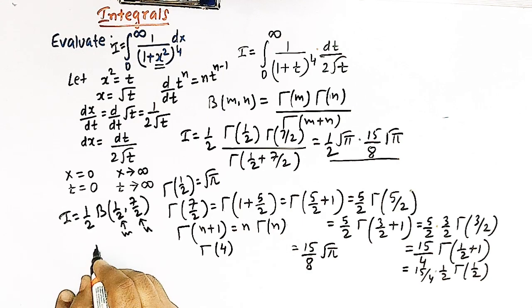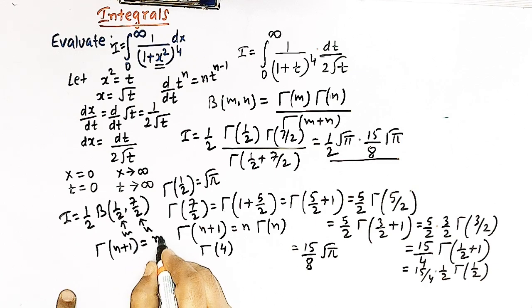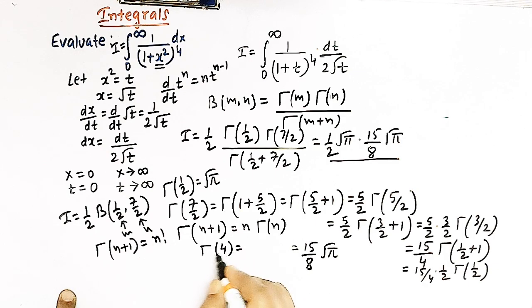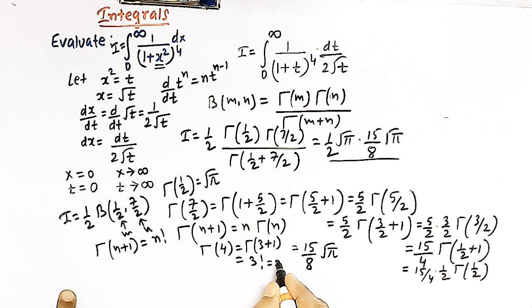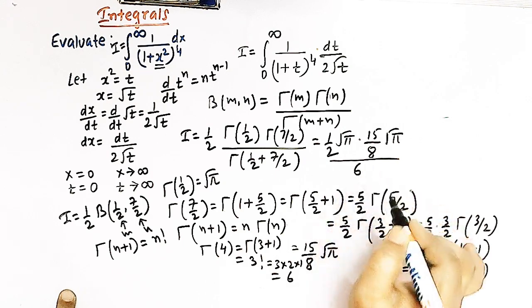And again using this result, gamma n plus 1 is given by n factorial. So here gamma 4 is gamma 3 plus 1, that is 3 factorial. The value of n is 3. So 3 factorial is 3 times 2 times 1, that is equal to 6. So here we have 6.